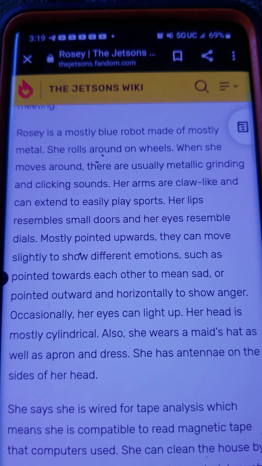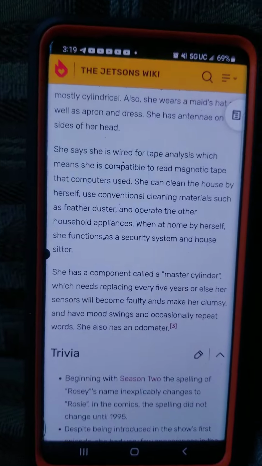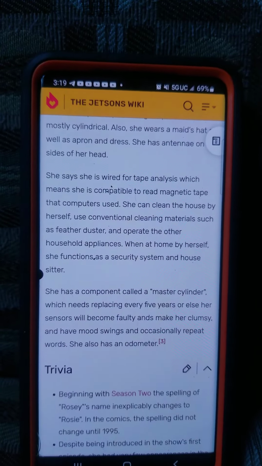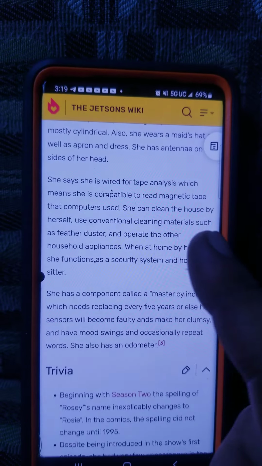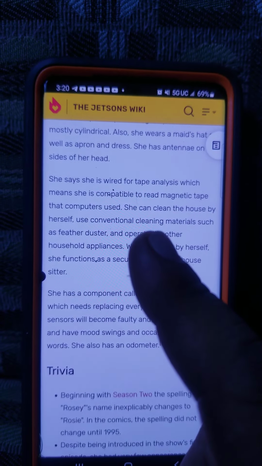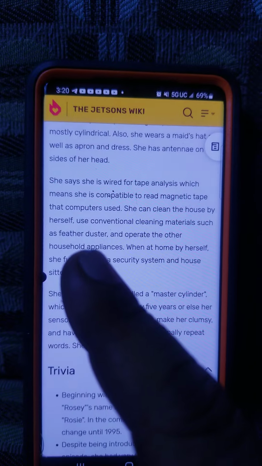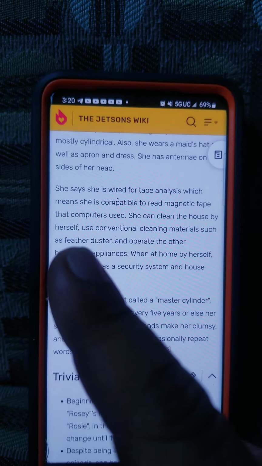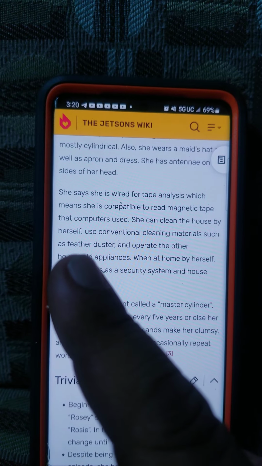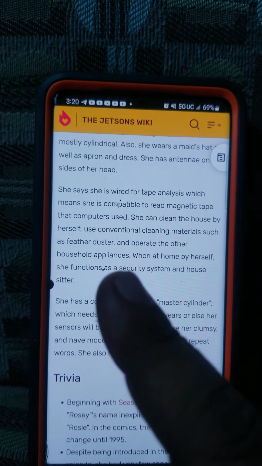Now hold on a second. Check this out. Funny enough, she says she can clean the house by herself, with cleaning materials such as feathers. We go back to the Phoenix. We can connect with the Phoenix. She can operate other household appliances.